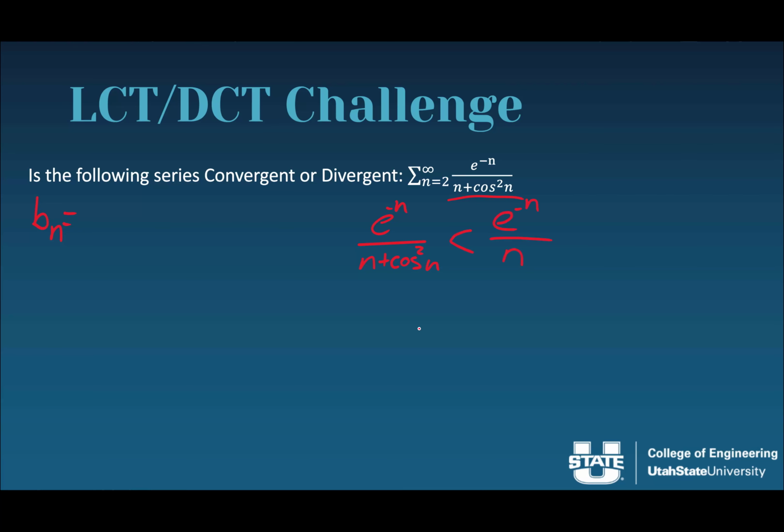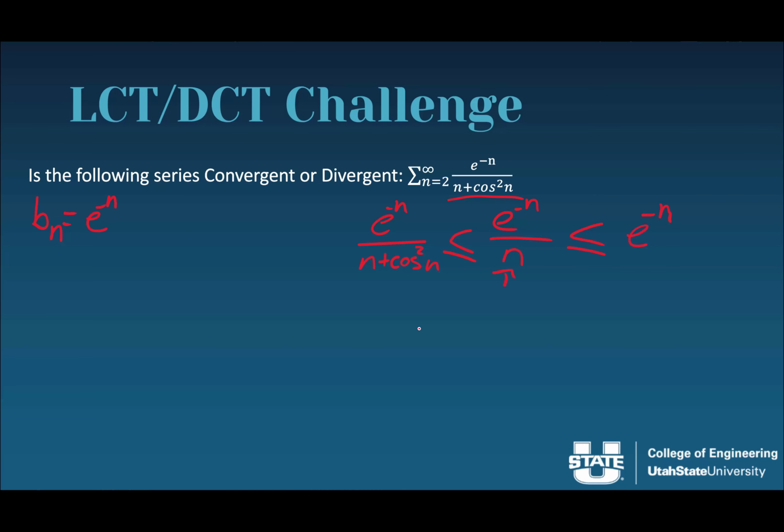And then I also know that e to the negative n over n is always going to be less than or equal to e to the negative n, because the n in the denominator is going to make it decrease faster than just e to the negative n. So now, using this logic, I can set my B sub n equal to e to the negative n.